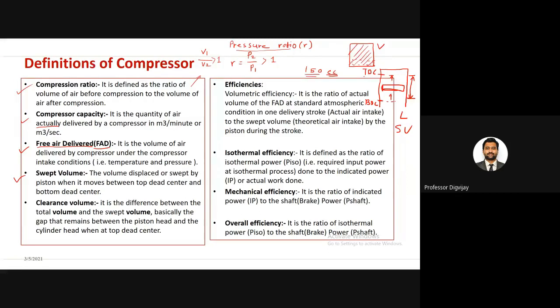Again, next one here is the clearance volume. This is again a very important term. I'll draw a neat diagram here, then you'll come to know. I'll draw the cylinder and piston assembly. Suppose this is a cylinder, and inside the cylinder there is a piston.